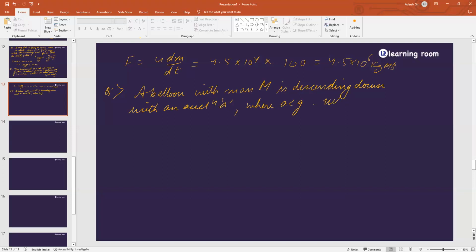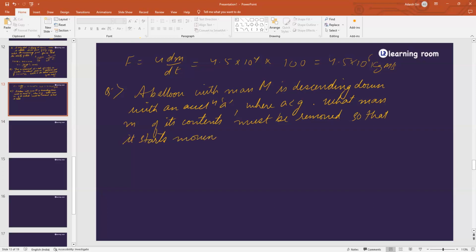What mass m of its contents must be removed so that it starts moving up with acceleration a.